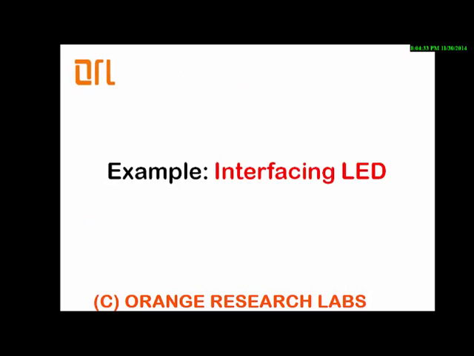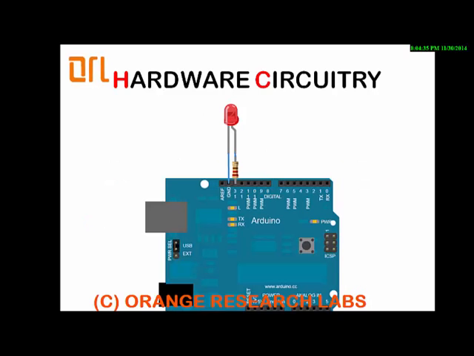Let us consider this circuit. I am having an LED, and this LED is connected to pin number 13. The LED is a semiconductor diode. LED will emit light in forward bias condition.